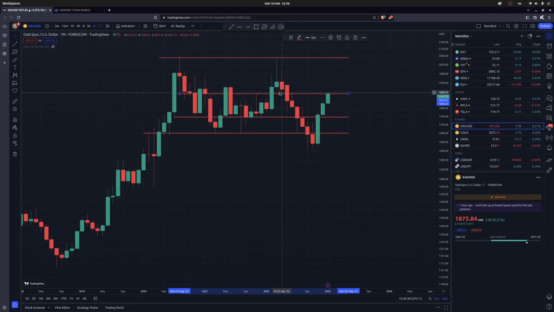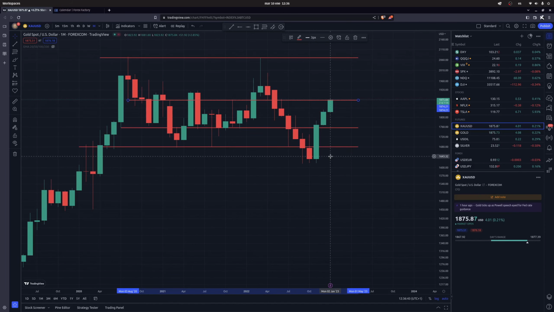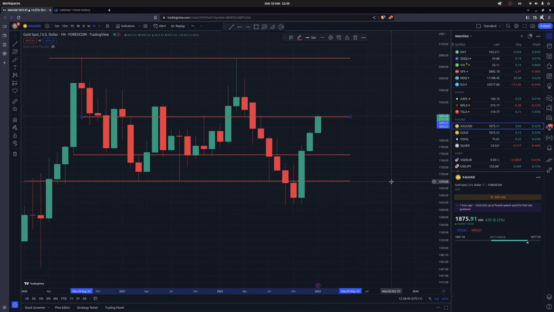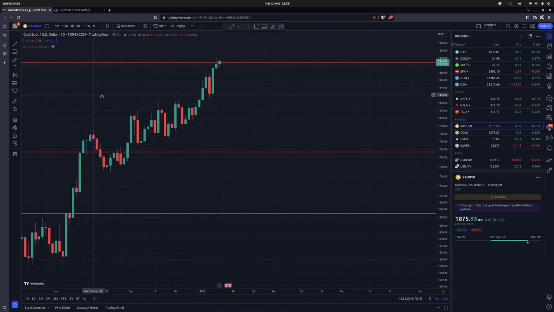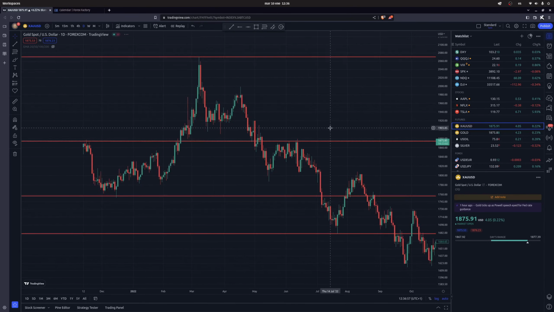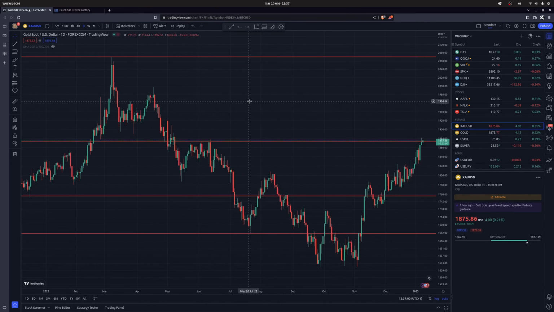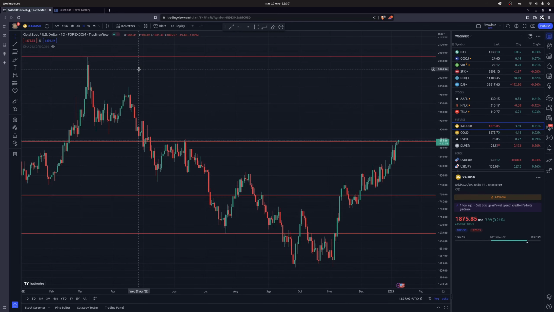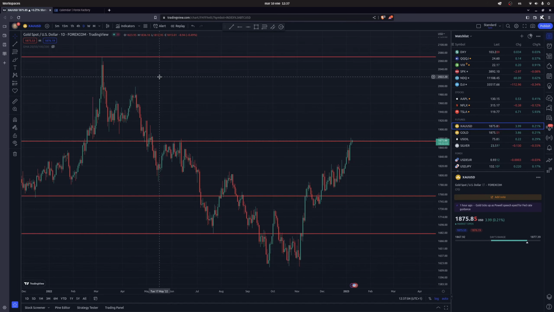Here's resistance, support. And yeah, so let's zoom in a bit and let's move to the daily and let's see if we can find here some recent activities, more or less recent, to see what happened here, right?